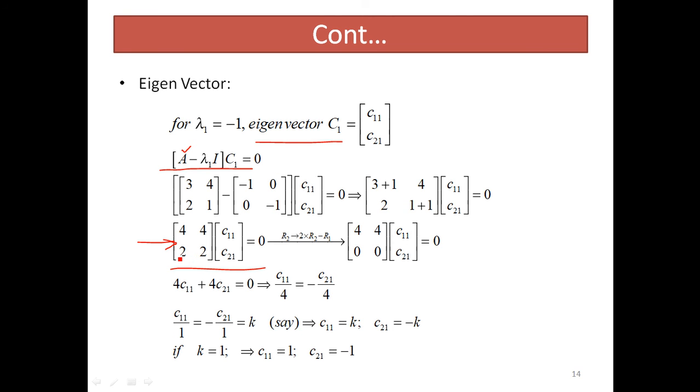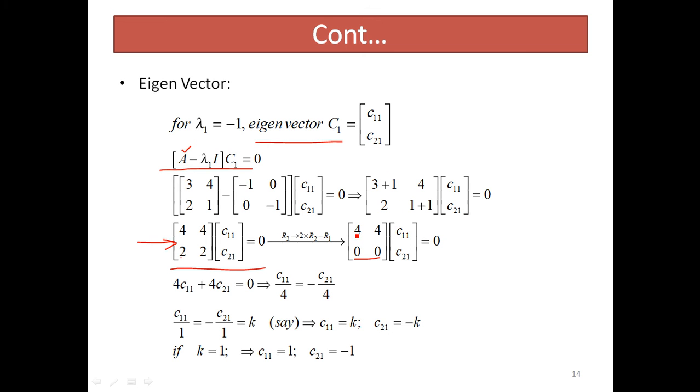In this case, you can multiply the elements of row 2 by 2 and subtract row 1. So row R2 can be replaced by 2 R2 minus R1, and the elements of row number 2 would be 0.